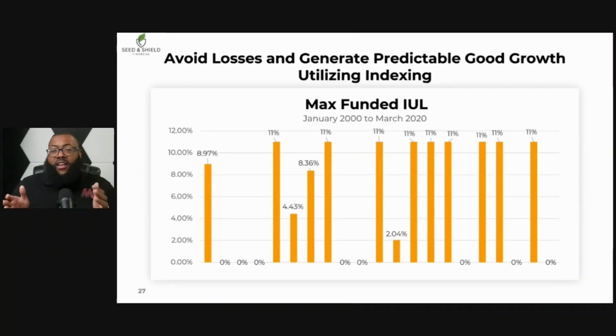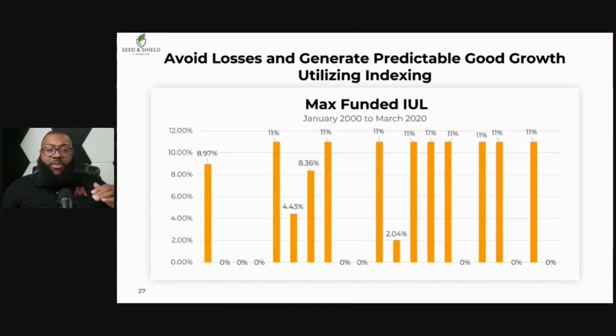What an IUL does is says, hey, you'll be able to participate in the market by having your account linked to an index, most commonly the S&P 500, right? It's the most popular one. It's the top 500 stocks in the market. It makes sense to use that as an option. What they say is that you can have the benefits of this index up to a cap.